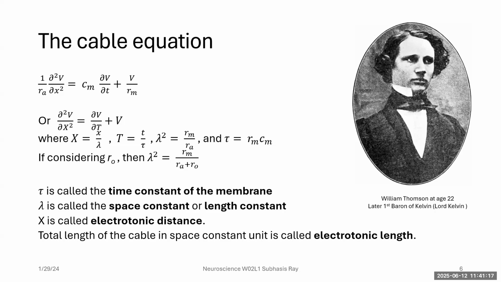Okay, so the results of all the derivation are in this slide. And this equation was actually developed long before neuroscience developed this way, in the mid 1800s. Everybody has heard of Lord Kelvin, the absolute temperature unit is named after him.